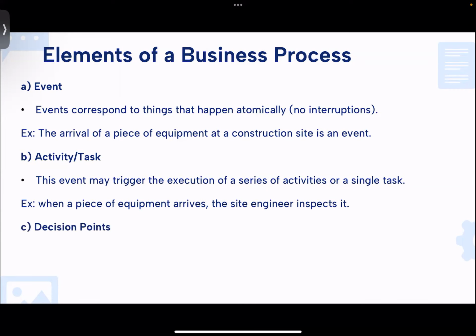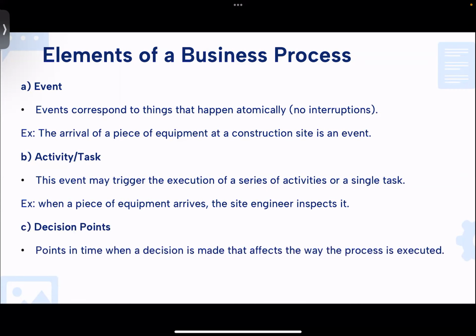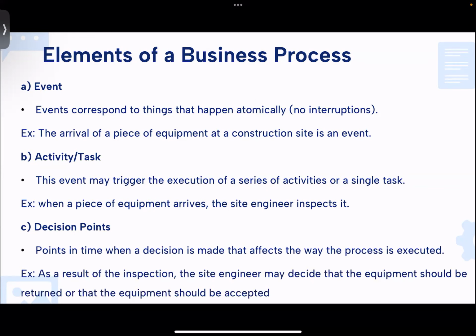The next one is decision points. After conducting the activity or the task, we have to make a decision on whether we are going to accept the particular equipment or not. Decision points are points in time when a decision is made that affects the way the process is executed further.